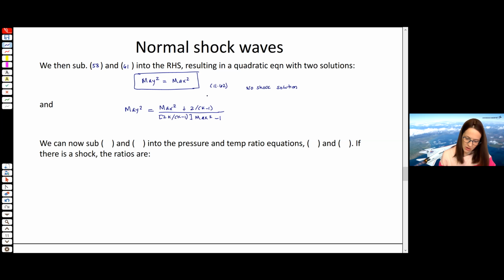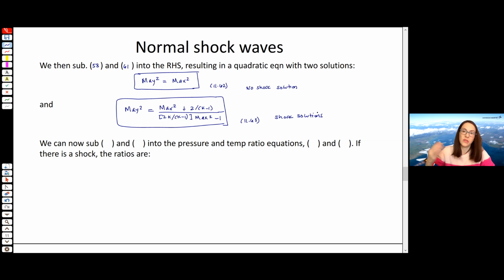That's in the denominator. So we'll box that as well. And this is equation 1163, and we'll call it the shock solution. So when there is a shock present, this tells you the ratio of the downstream and upstream, or you can get the downstream Mach number from the upstream Mach number.